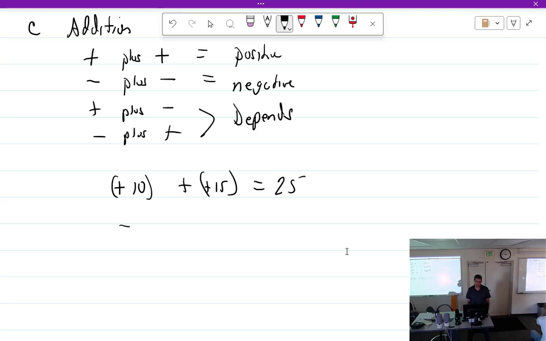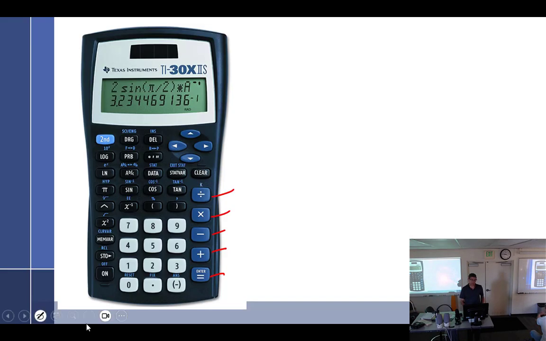And a negative 10 plus a negative 10 equals... I should have said 15 to keep it consistent, negative 25. Well, how would I do that on the calculator to be completely consistent? This is your negative key right down here. So to do that one I just did, it would be, no, not second, just that key right there.